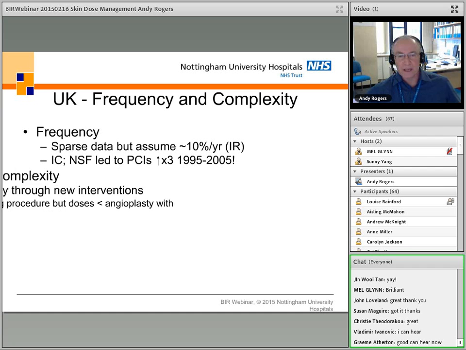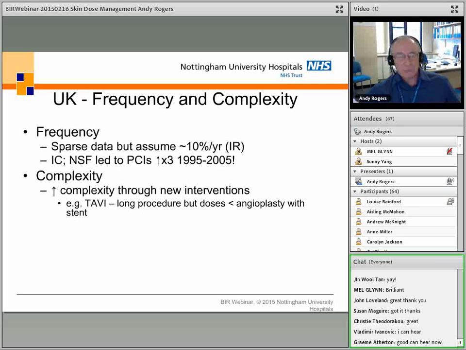Not very naughty though. In terms of complexity, we're definitely seeing more complex interventions, but they're not necessarily the highest dose interventions. So I'm thinking specifically of TAVIs. Mitral clips will be coming along mainstream for a lot of us. I know in London they're already doing some of this.